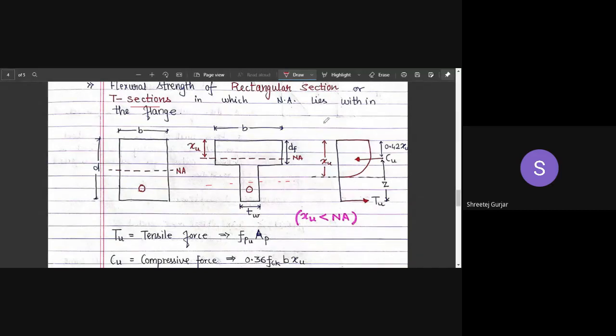It is stress block. Do you remember the stress block parameters you had calculated in RCC? Yes, sir. Stress block parameters. So this is your stress diagram, the stress block diagram.